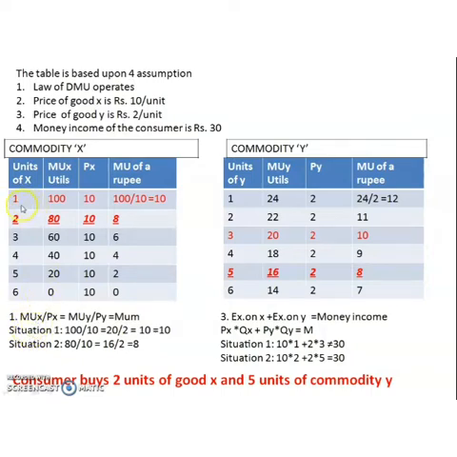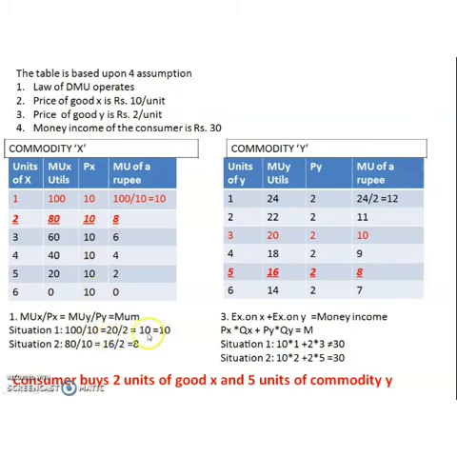The consumer buys 1 unit of commodity x and derives 100 utils of marginal utility, and the consumer buys 3 units of commodity y and derives 20 utils of utility. So ME of x in the first situation is 100 divided by the price of x, that is 10. So 100 by 10 is equal to 10.